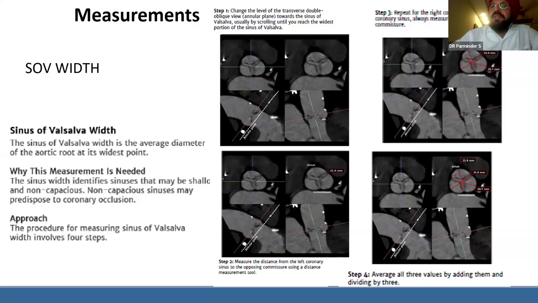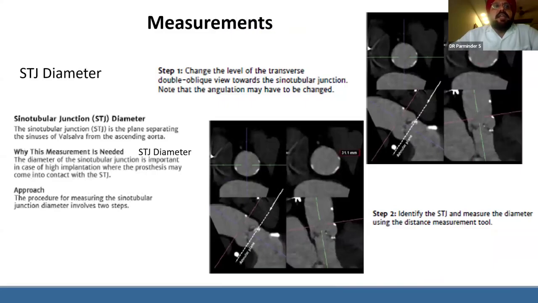If we have a small prosthesis like a 21 or 22 millimeter valve which we are going to implant, and if the sinuses are 26, they may be okay, right? So it's all a relative thing, and in general, sinuses more than 30 millimeters are okay for most of the procedures. Then STJ diameter is again important. It's the diameter at the level of the sinotubular junction.